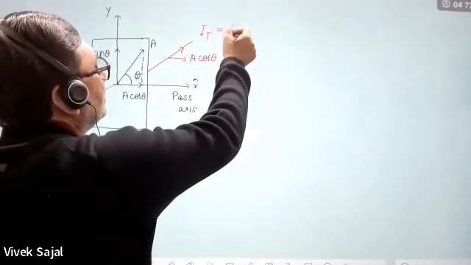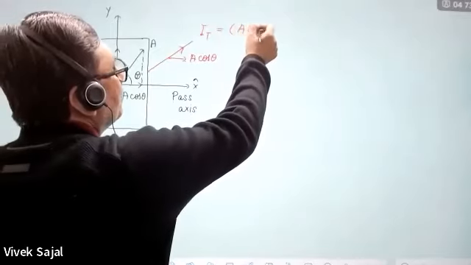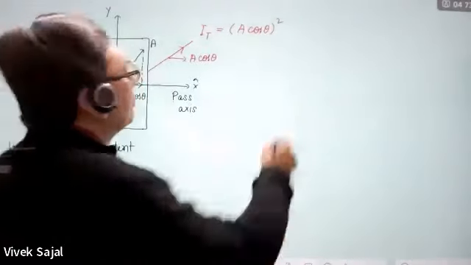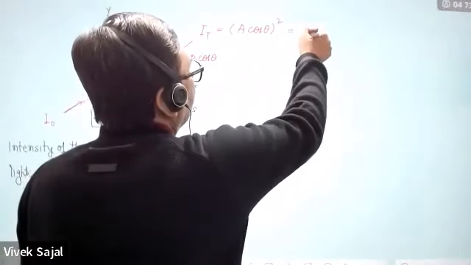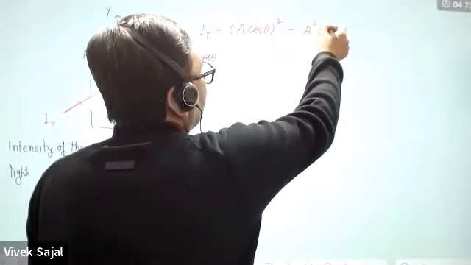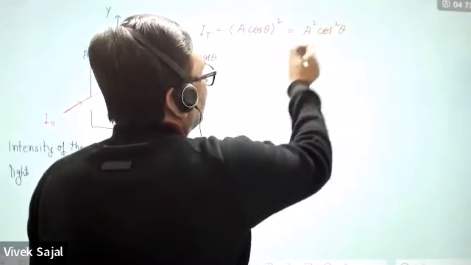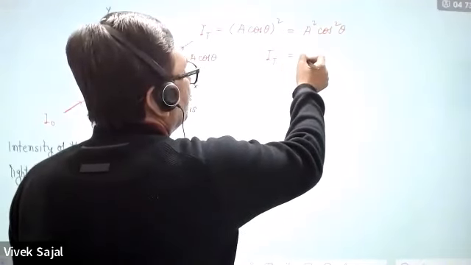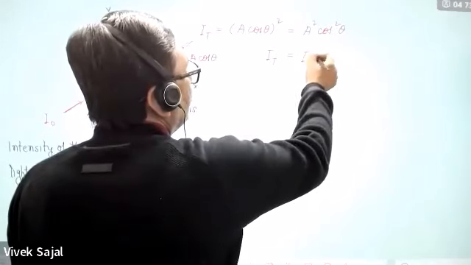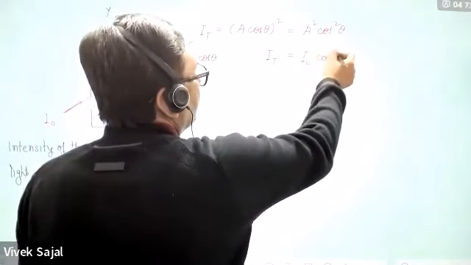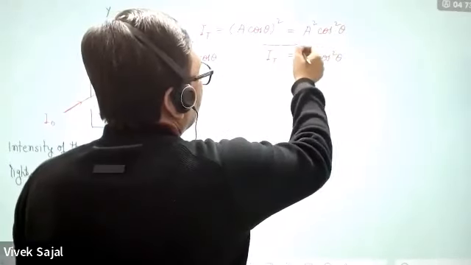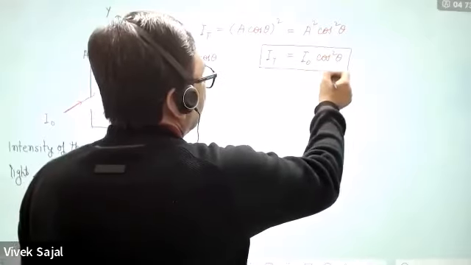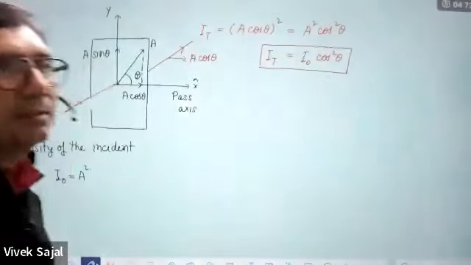Its intensity will be the square of A cos theta, so A square cos square theta. A square is I naught. So I T will be equal to I naught, the incident light intensity, times cos square theta. This will be the intensity of the transmitted light.